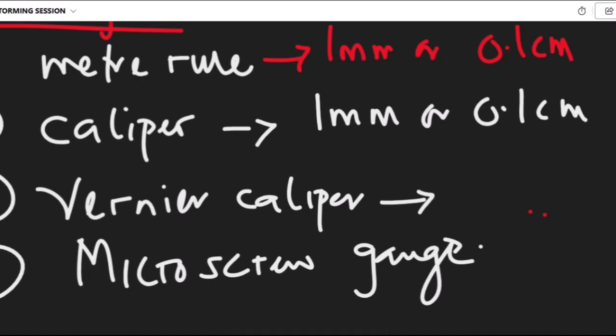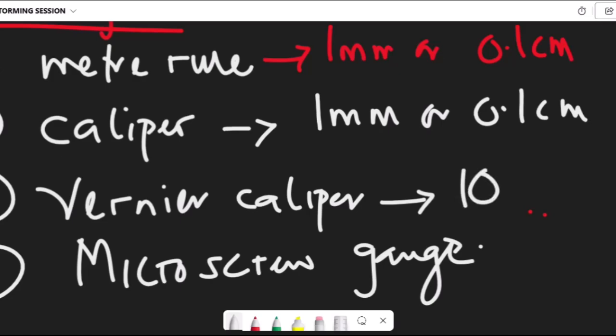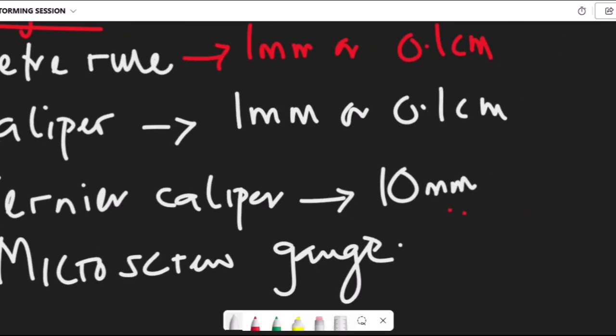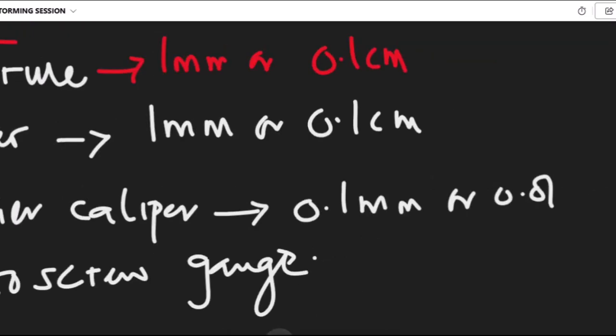That means it is measured in 0.1 millimeter or 0.01 centimeter.